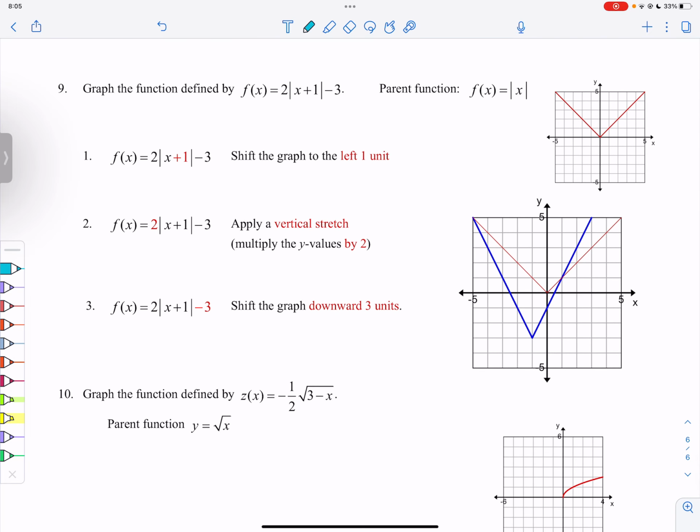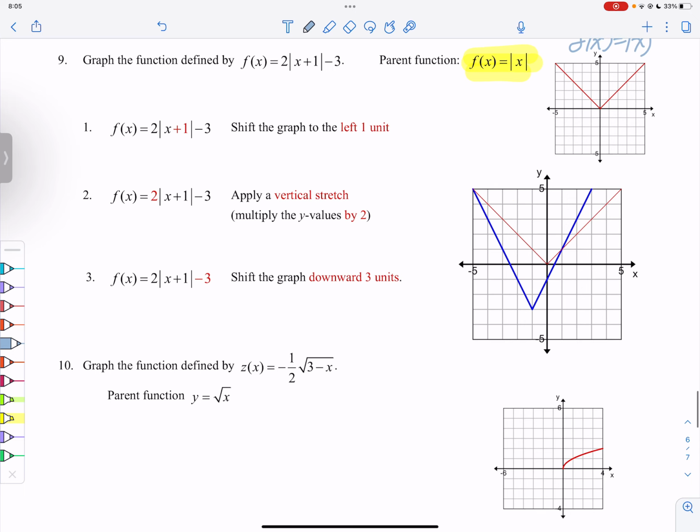We have a parent function, the absolute value of x, and you can see it right here. Okay, and if we want to shift the graph to the left 1 unit, do you see how we add 1 inside the function?